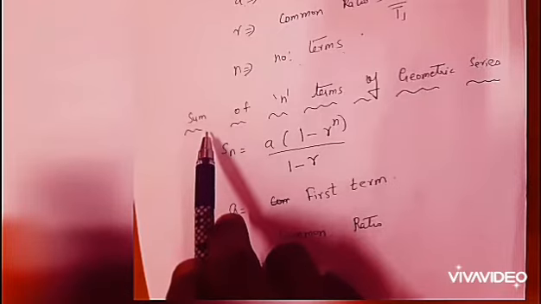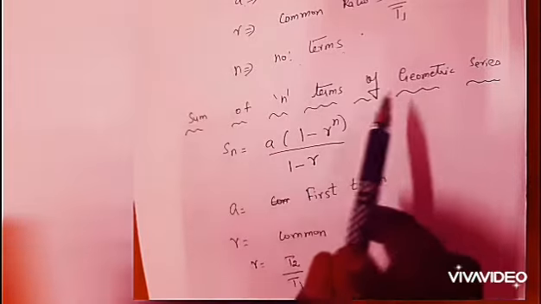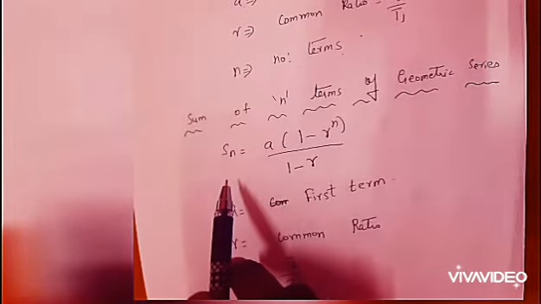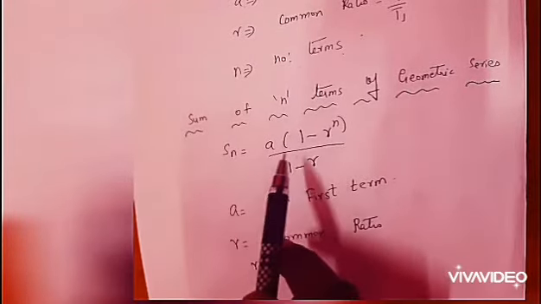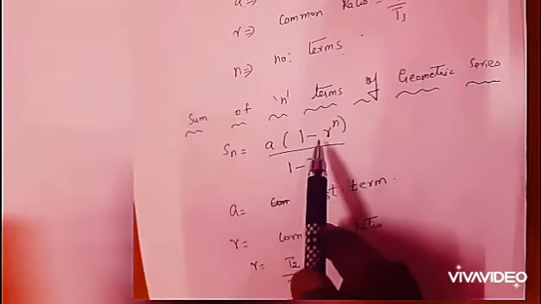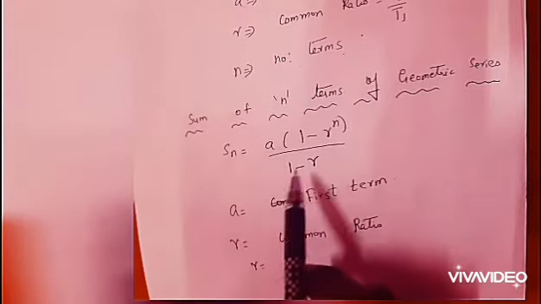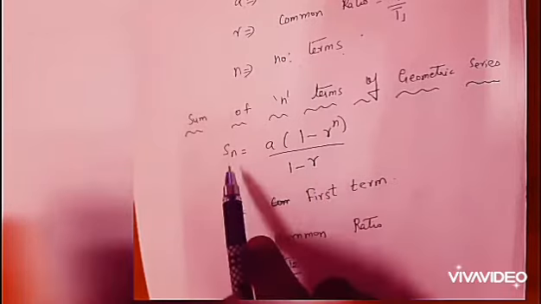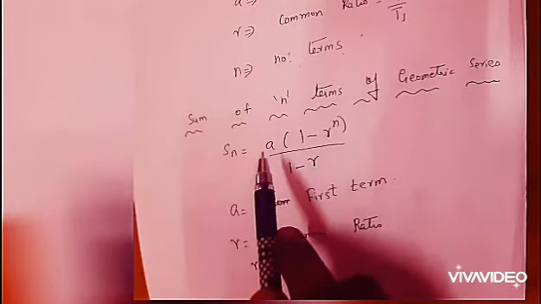The other formula you have to remember is the sum of n terms of geometric series. The formula is Sn is equal to A times 1 minus R to the power n divided by 1 minus R. Can you all repeat the formula?